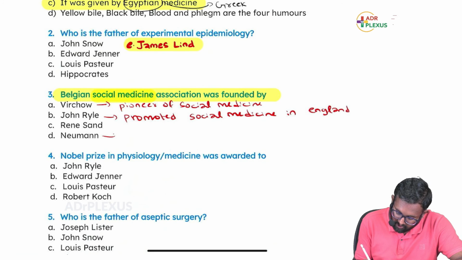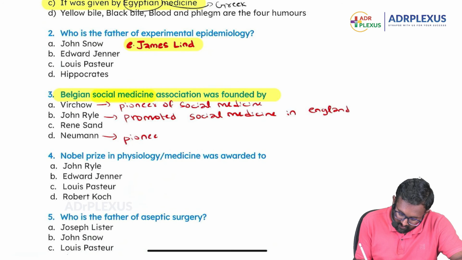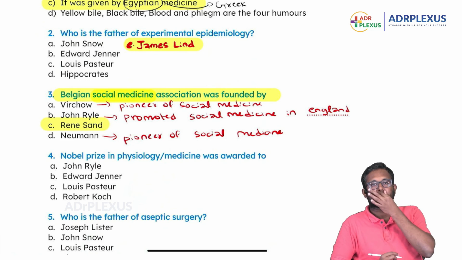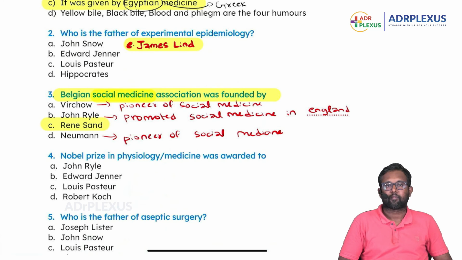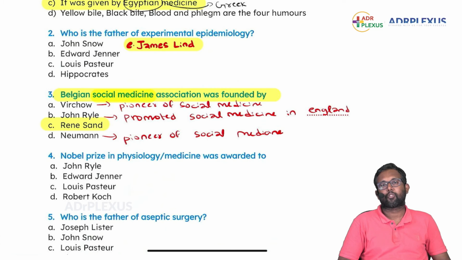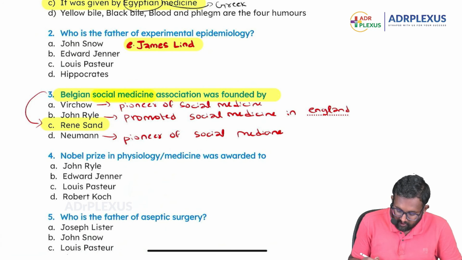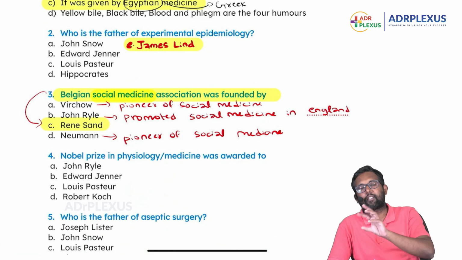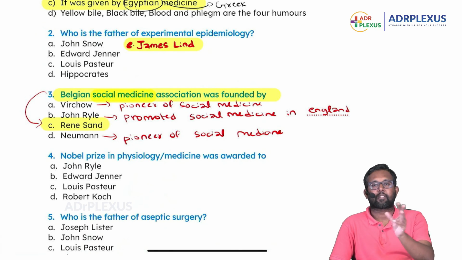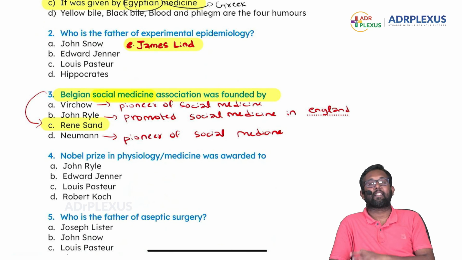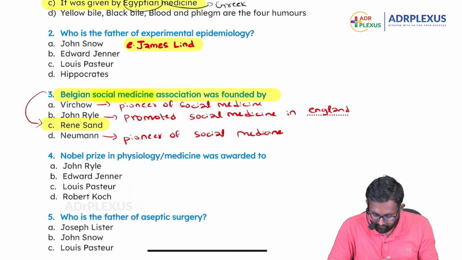Newman is also a pioneer of social medicine. These things we studied. The only thing we did not study is Rene Sand. Okay, Rene Sand. So Belgian Social Medicine Association was founded by Rene Sand. It's a tough question. It was asked once, but it was not in NEET or INI-CET, some other state exam it was asked. Belgian Social Medicine Association was founded by Rene Sand.